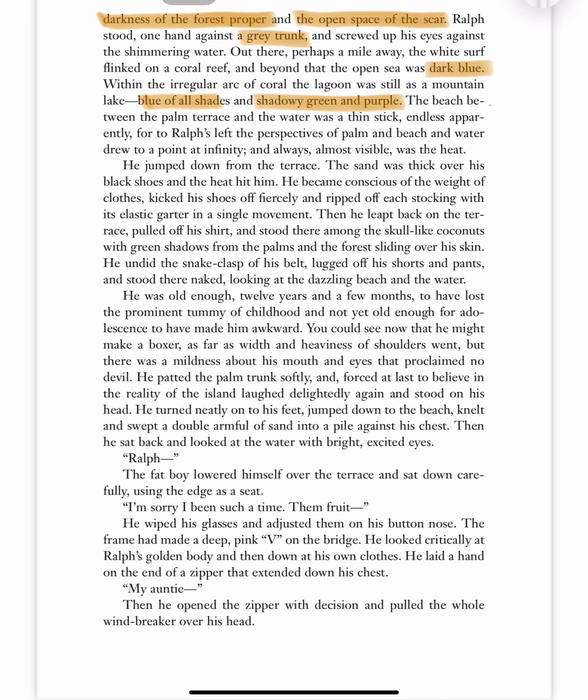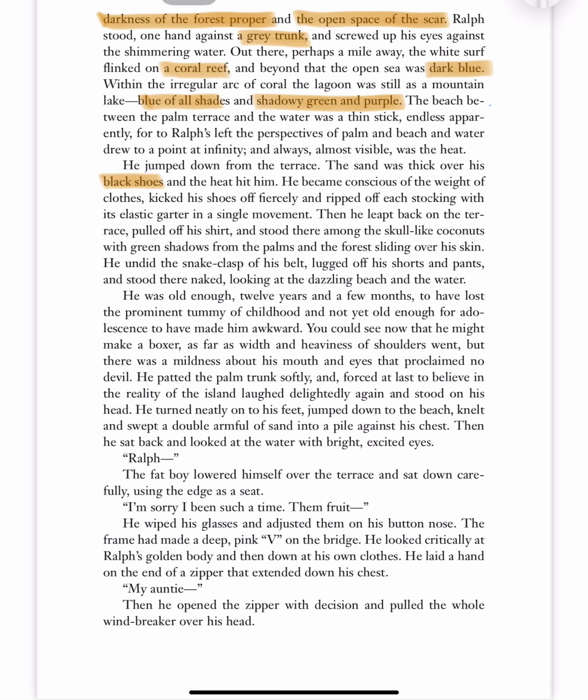We also have other references to the colors of the trees and other things on the island: the white surf, a coral reef, blue, dark blue. So you see, these create a very beautiful image of the island.